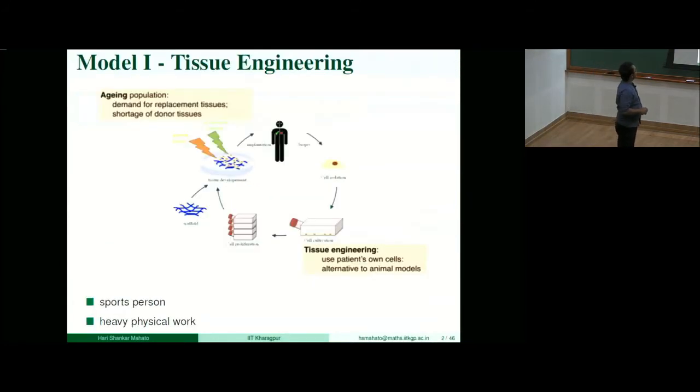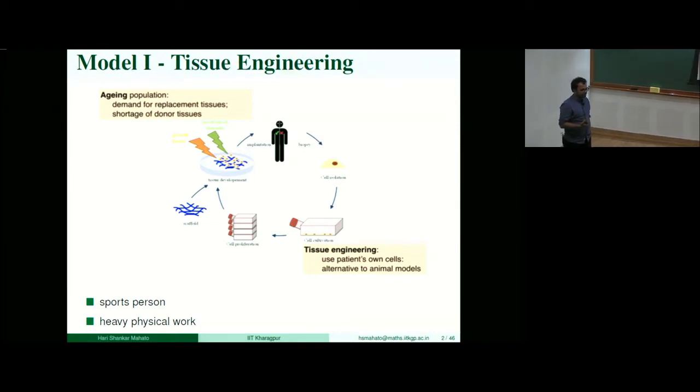To begin with, nowadays there is a huge research effort going on to develop artificial tissues which can replace damaged tissues. Sometimes it is not possible to find a donor whose tissues you can use. One can damage tissue by doing heavy sports or heavy physical activity, and aging can also cause tissue damage.